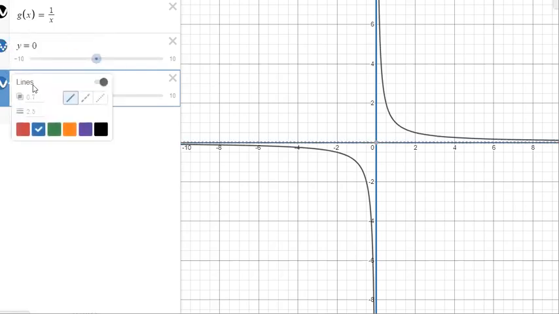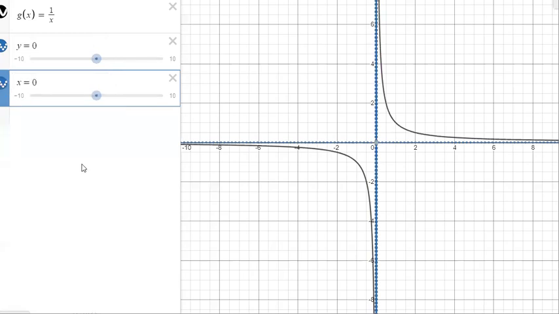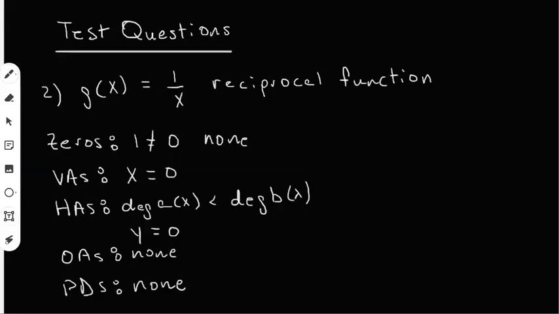I'm going to make these into dotted lines since they're asymptotes. And yeah, that's number 2. That one was very simple. I liked it. All right, I'll leave this up there for about a minute, and then we'll do number 4, and then I'll get off.